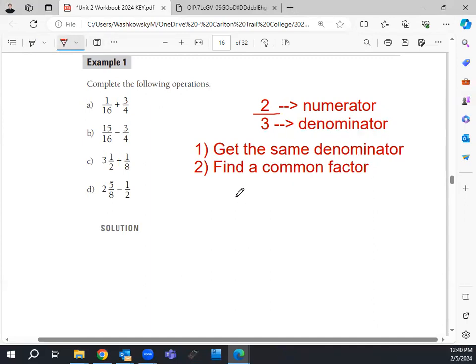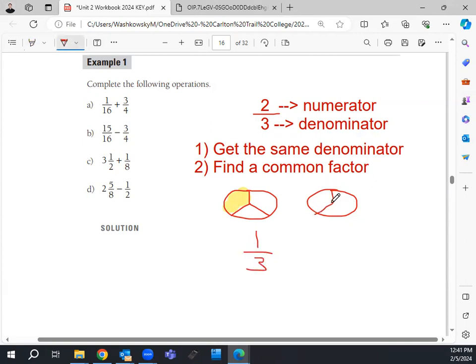So let's say, for example, if I give you a pizza here, and I cut it up into thirds, technically what I have here is a third of a fraction, right? 1/3.